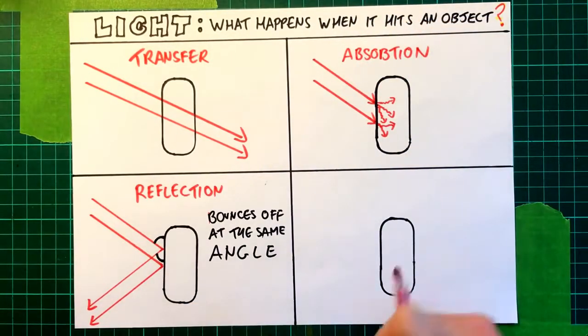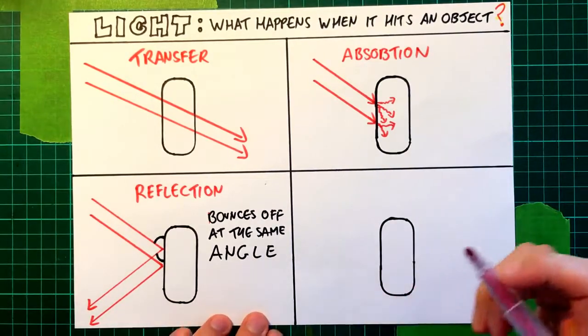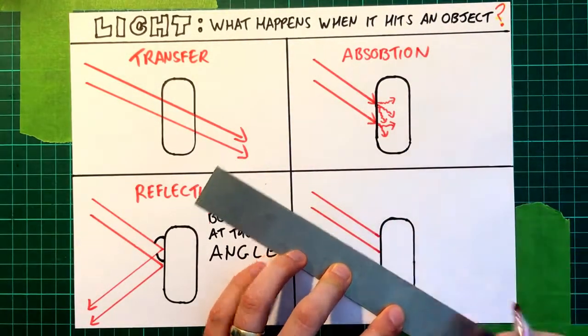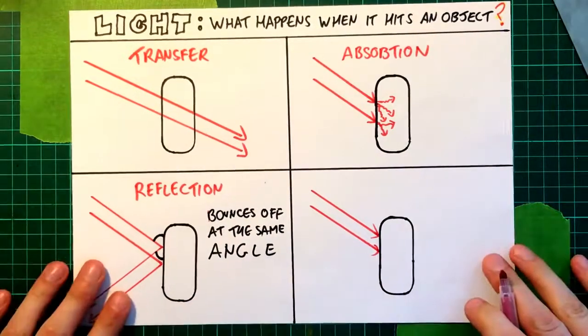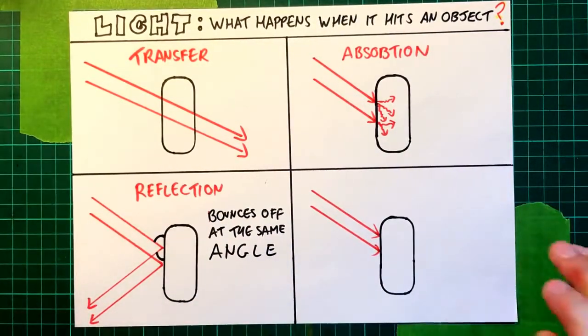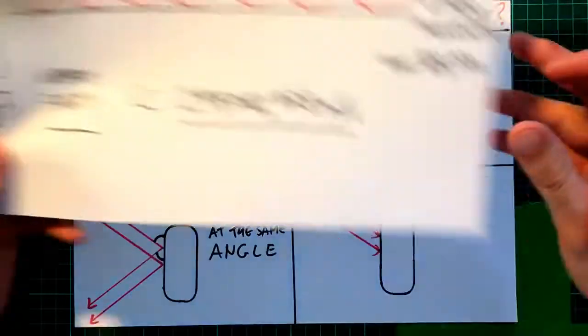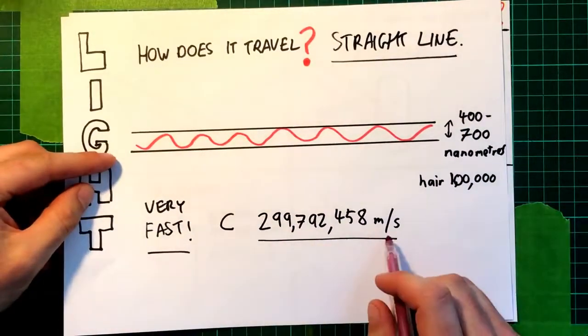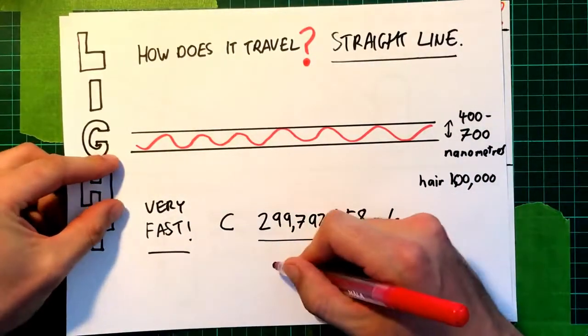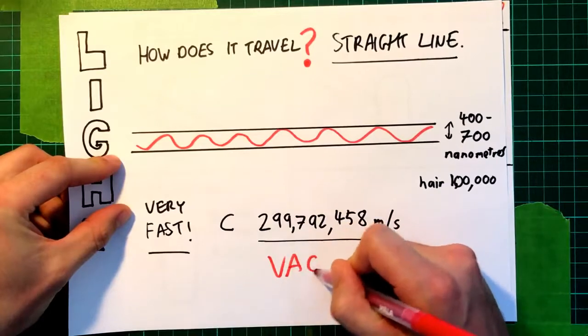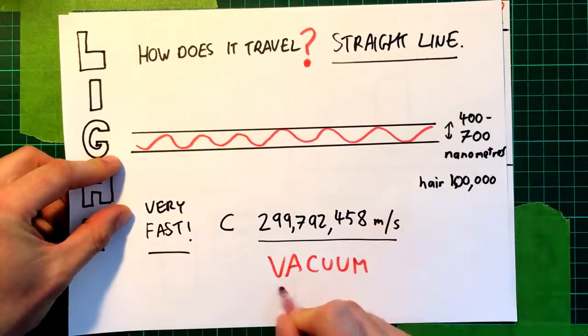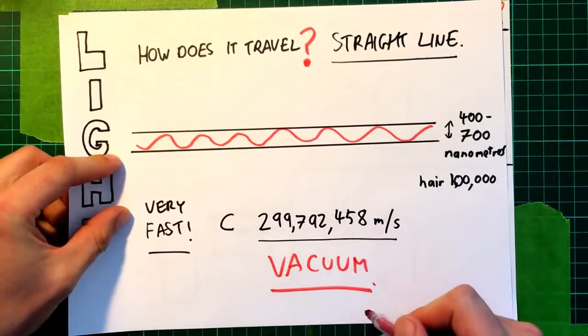And then, fourthly and finally, and it's to do with light slowing down. We need to understand here that light travels at almost 300,000 meters per second in a vacuum. So there's nothing in the way.